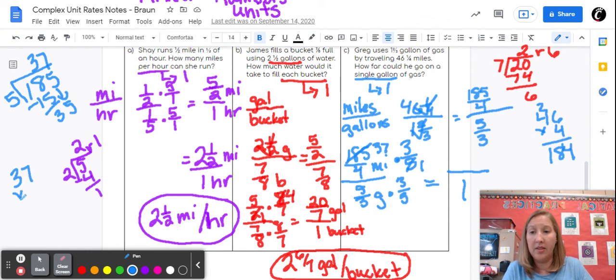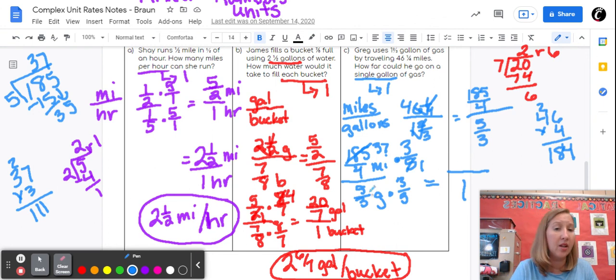Again, I don't know that off the top of my head, so 7 times 3 is 21. 3 times 3 is 9, plus 2 is 11. So I get 111. And then when I multiply 4 times 1, I just get 4. So I have 111 fourths over 1.